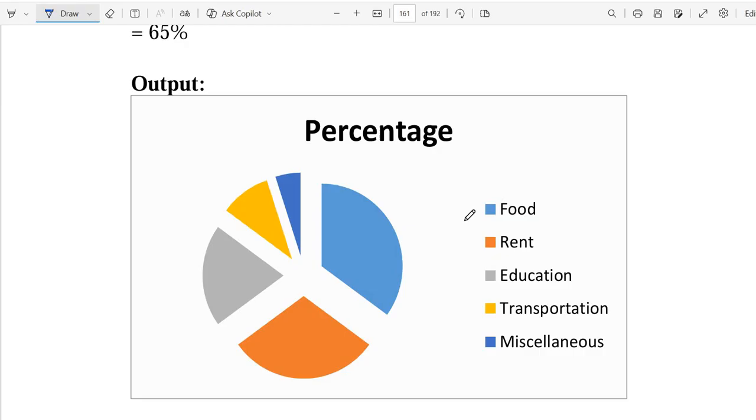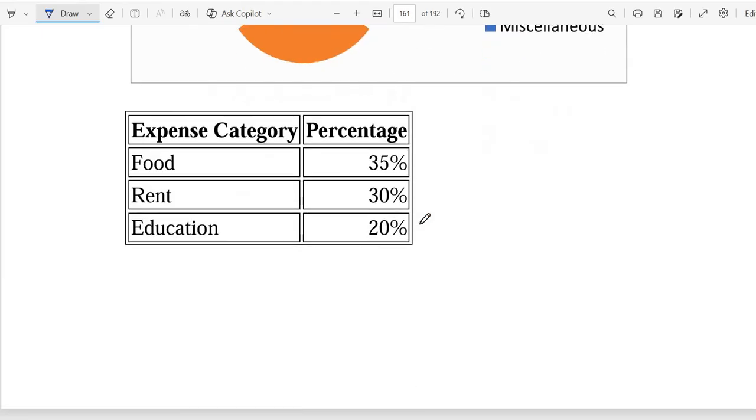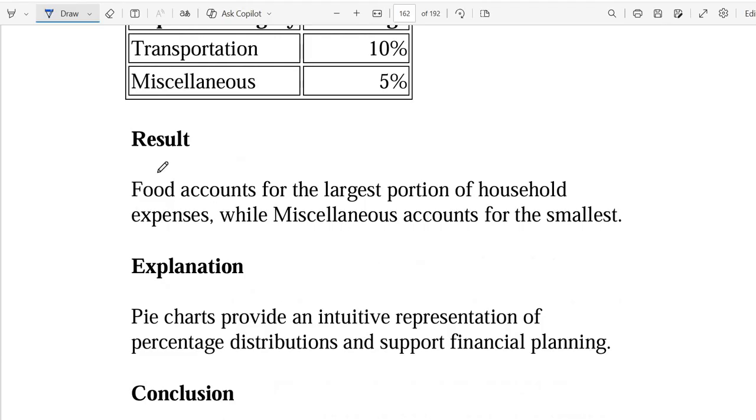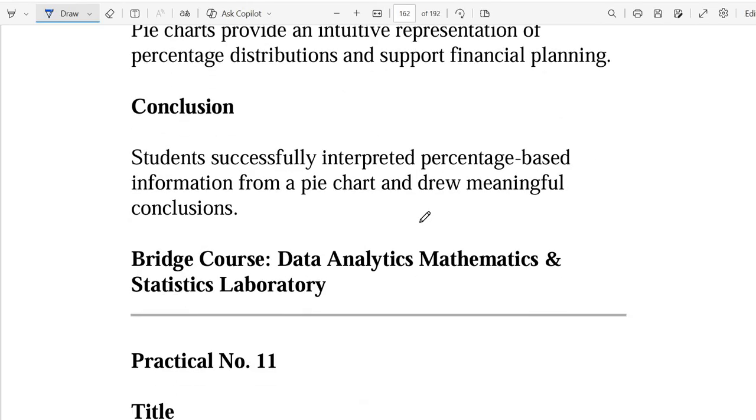Food gets the maximum contribution of our salary, then rent, then education, then transport, and miscellaneous expenses, right? So food accounts for the largest portion of household expenses while miscellaneous accounts for the smallest. Correct?